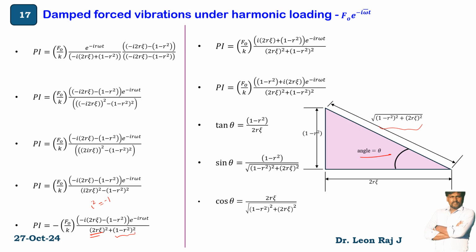Your tan theta is equal to opposite side by adjacent side, and sin theta is equal to opposite side by hypotenuse, cos theta is equal to adjacent side by hypotenuse. So this is what is written here.